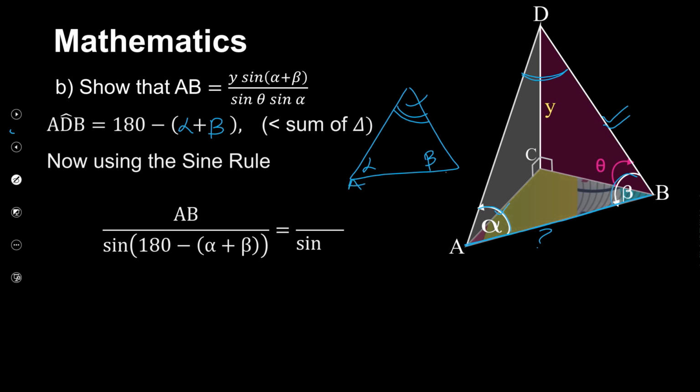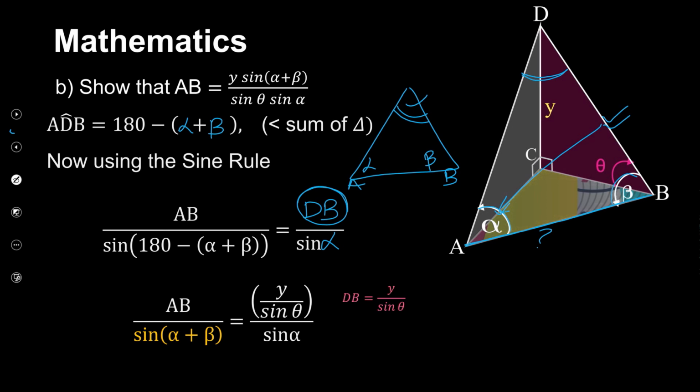The other matching pair that we have is DB over the sine of the angle across from DB, which is alpha. Remember, we found DB in the previous slides, and DB was equal to y sine theta. So we're just going to substitute DB in the same equation.